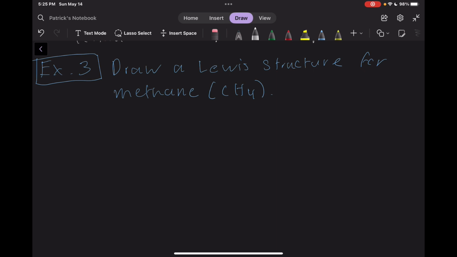Example 3 would like us to draw a Lewis structure for methane, or CH4. Step 1. Find the total valence electrons.